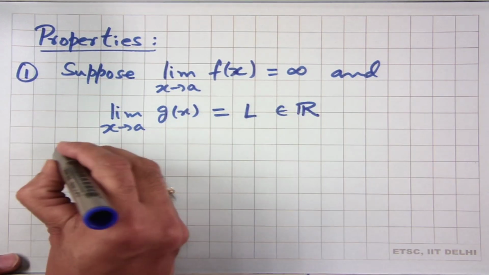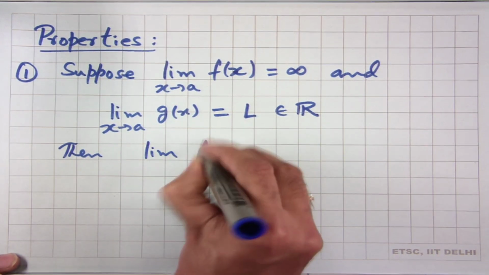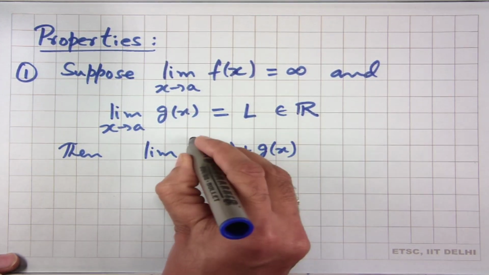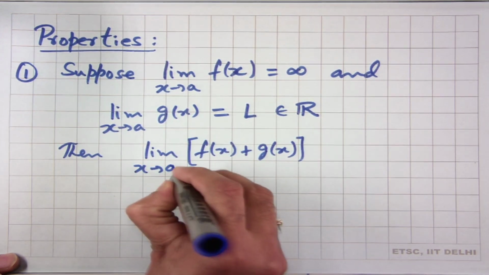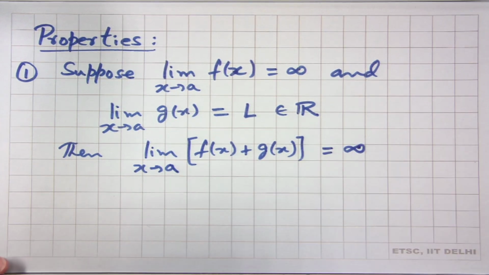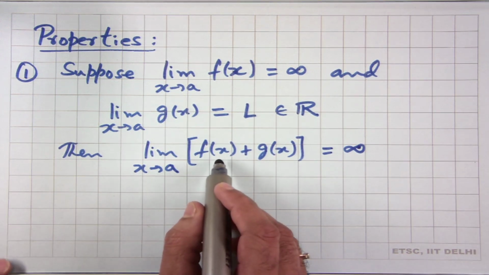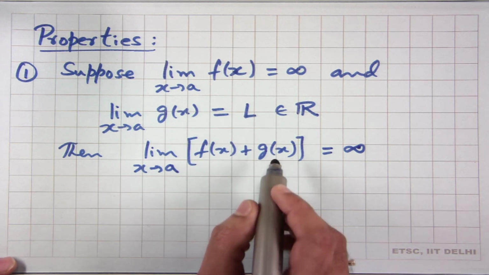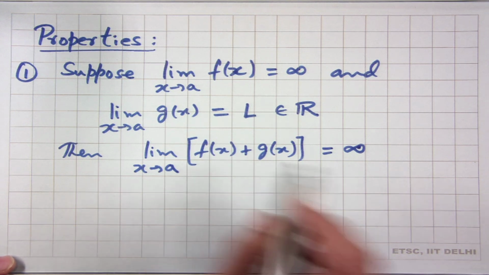Then what is the limit of f of x plus g of x? This again must be equal to infinity. So, if we have the sum of two functions where the limit of one function is positive infinity and the limit of the other function exists and is finite, then the limit of the sum has to be infinity.